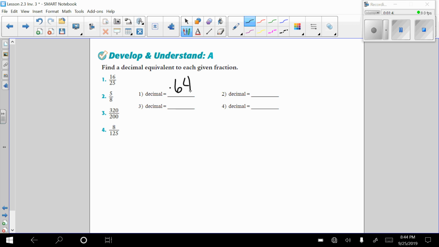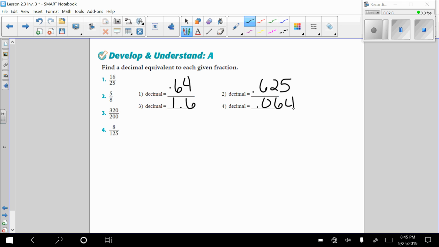The next one, 5/8, gives us 625 thousandths. For the third one, 1 6/10 and 8 over 125 is 64 thousandths.